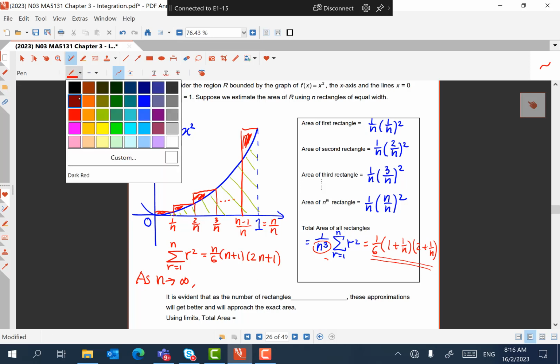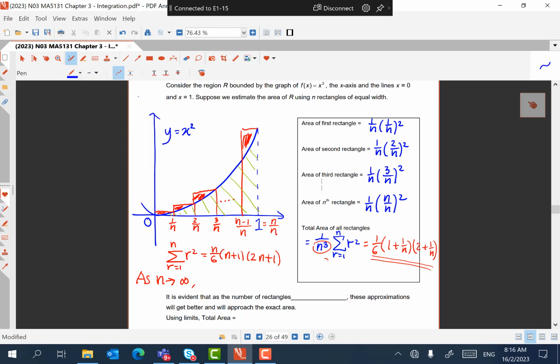Meaning you have infinitely many rectangles. When you have infinitely many rectangles, the area of the rectangles will get very close to the area of the region under the graph. Why is that so? How will it continue?